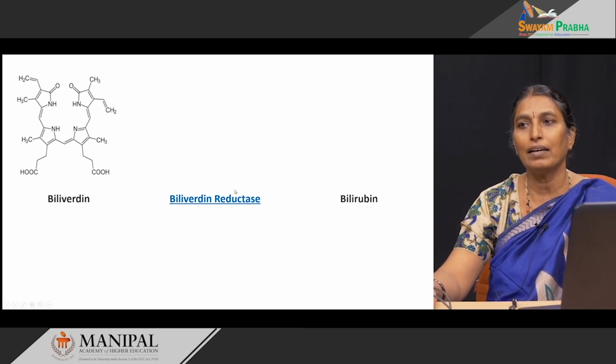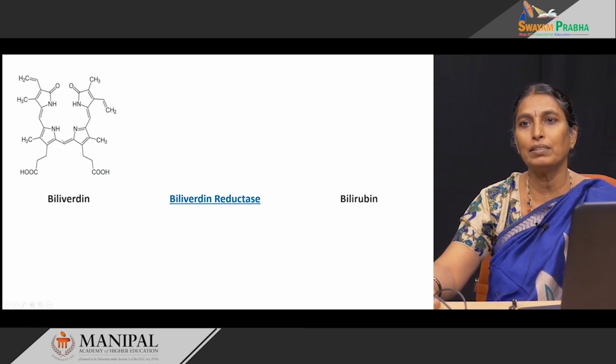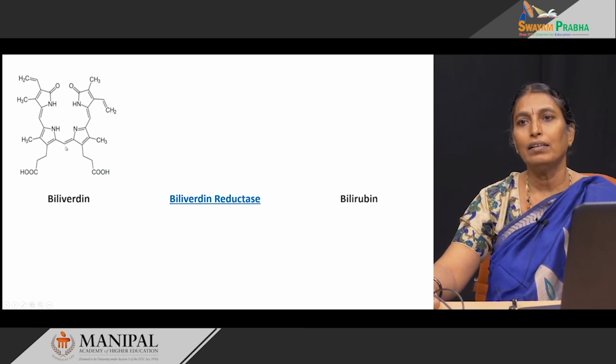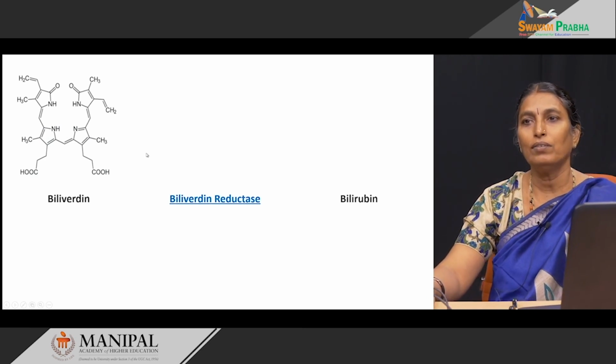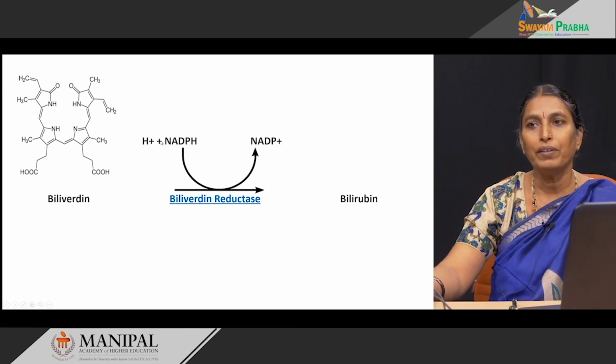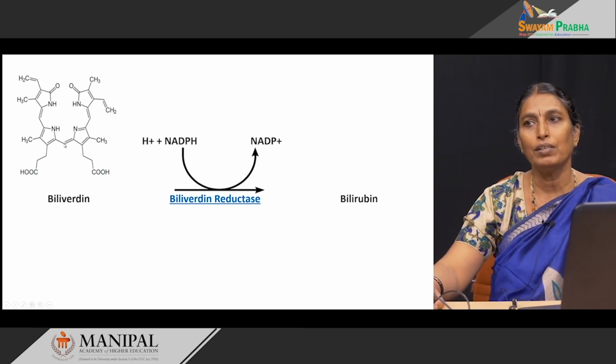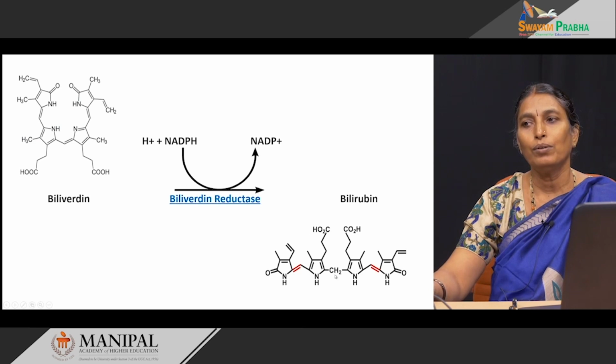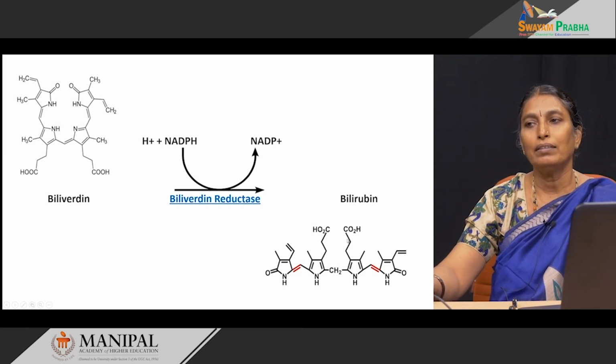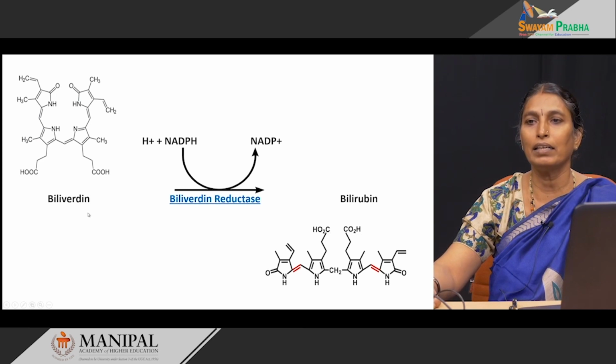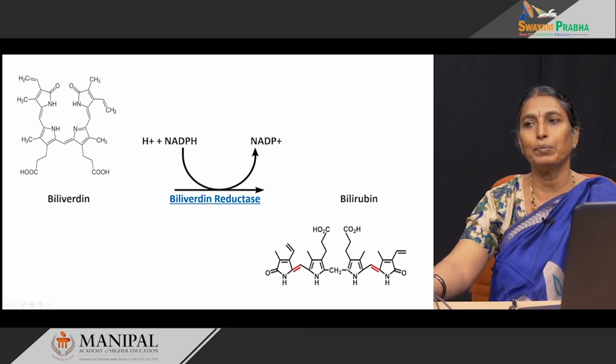Since reductase is there, reducing the methylene bridge between the third and fourth ring, or C and D ring, we need the hydrogen ion that is taken up from NADPH. So, NADPH donates the hydrogen ions to this methylene bridge, and the methylene bridge is reduced to a methyl bridge between the 2 rings, and this is the structure of bilirubin. Bilirubin is a reddish orange color pigment. This is a green one, this is a reddish orange color pigment.